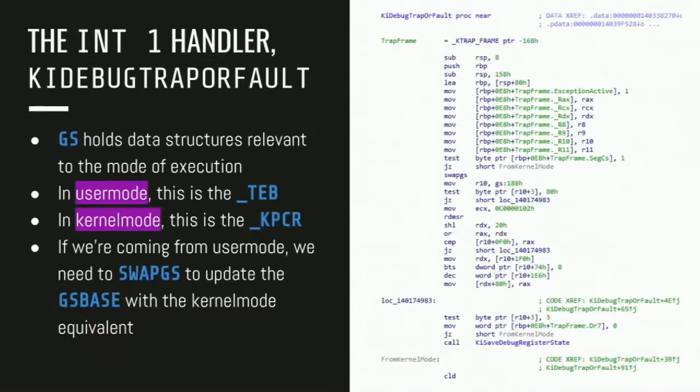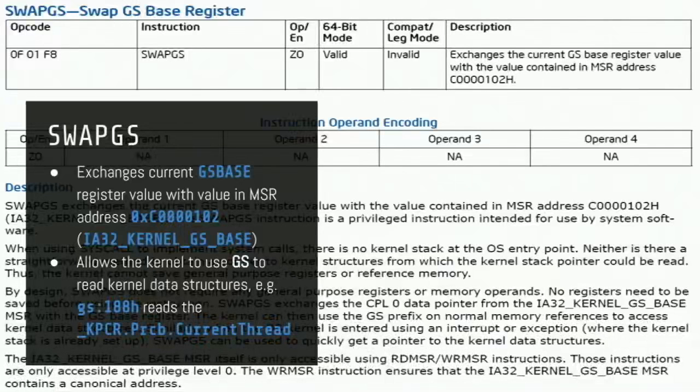How else is the OS going to access these kernel data structures using that GS base? The way it's done is by issuing the assembly instruction swapgs, and that puts the GS base for the kernel mode data structures there, so that when you access GS:188, you're not reading user mode memory, which is under the control of a user mode application.